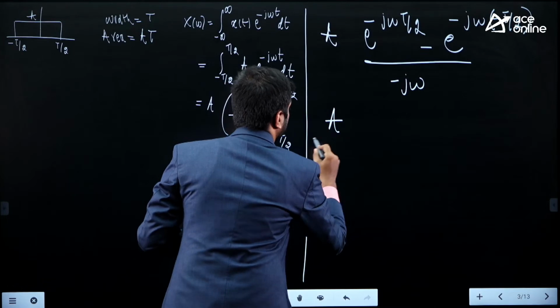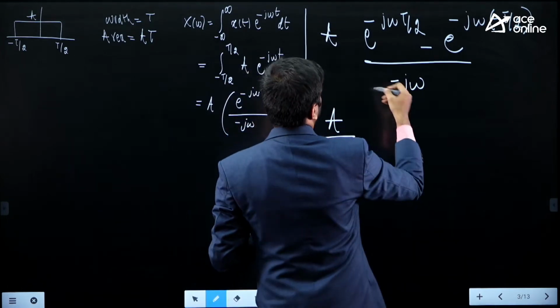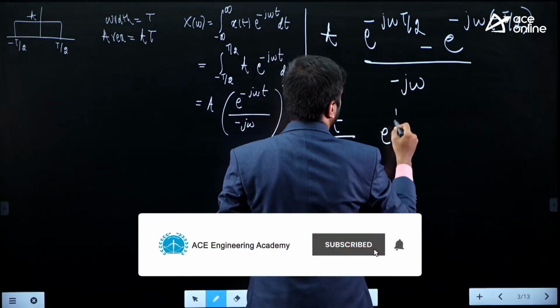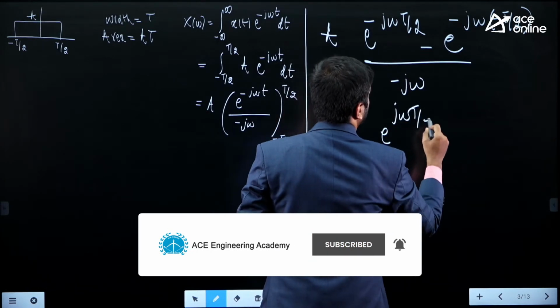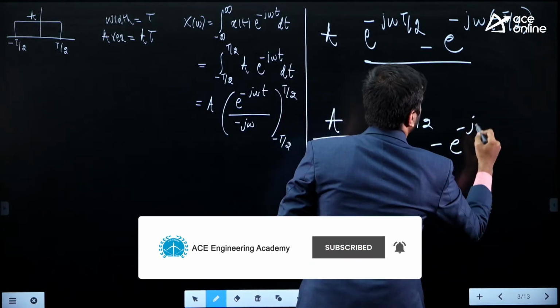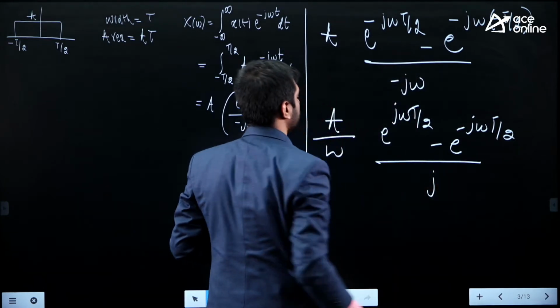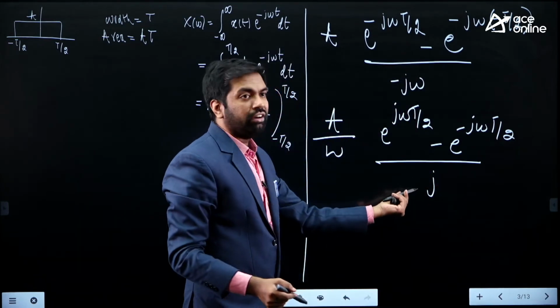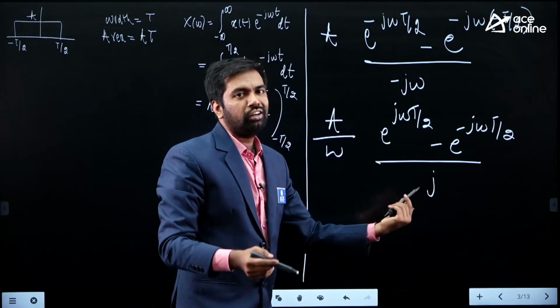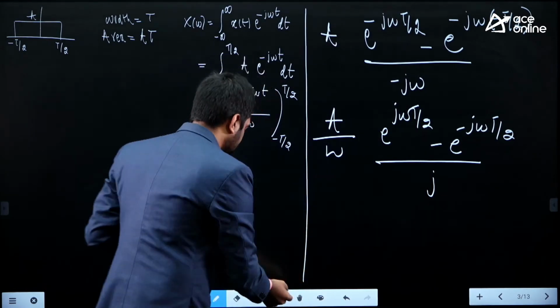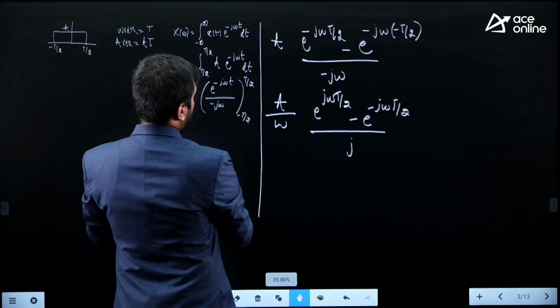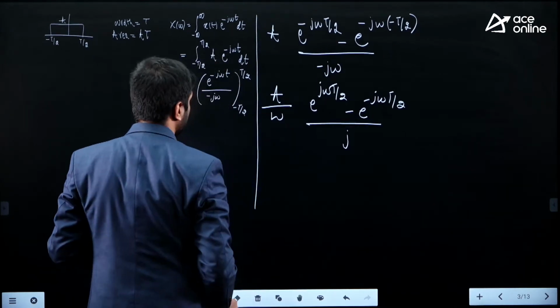I would like to write it like this: A by omega. I've taken the minus to the numerator, so this is e power j omega T by 2 minus e power minus j omega T by 2, whole divided by j. Now I want to multiply and divide by 2 so that I can write this in terms of sine.